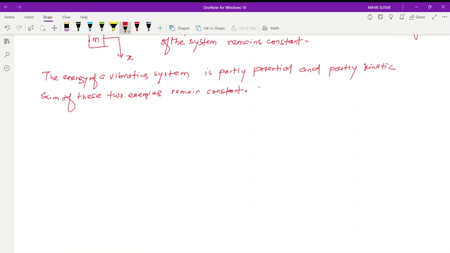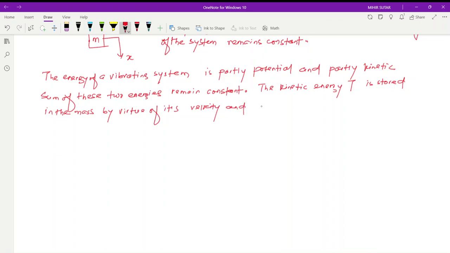The kinetic energy T is stored in the mass by virtue of its velocity and potential energy is stored by elastic deformation.